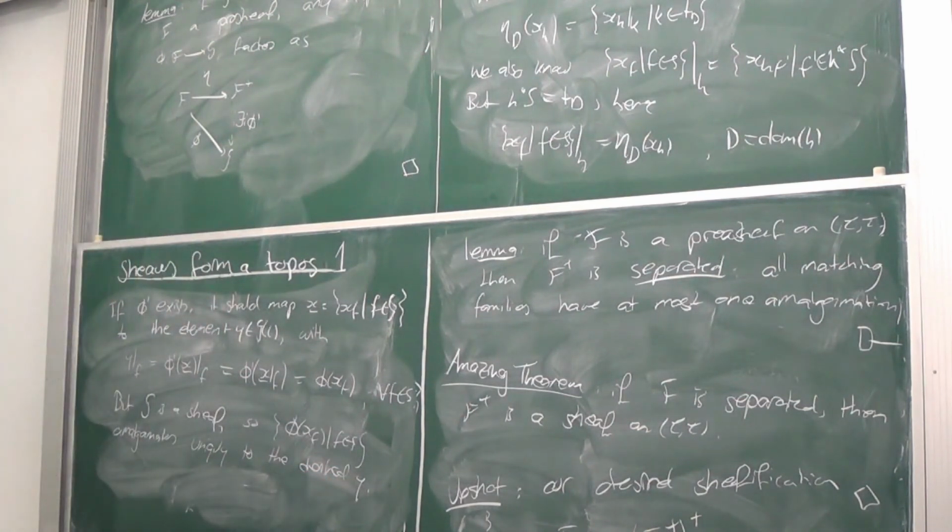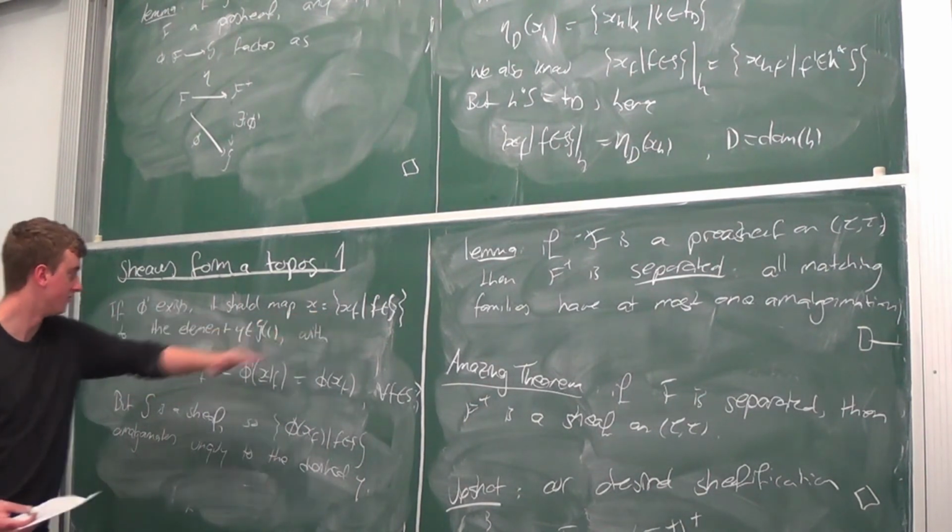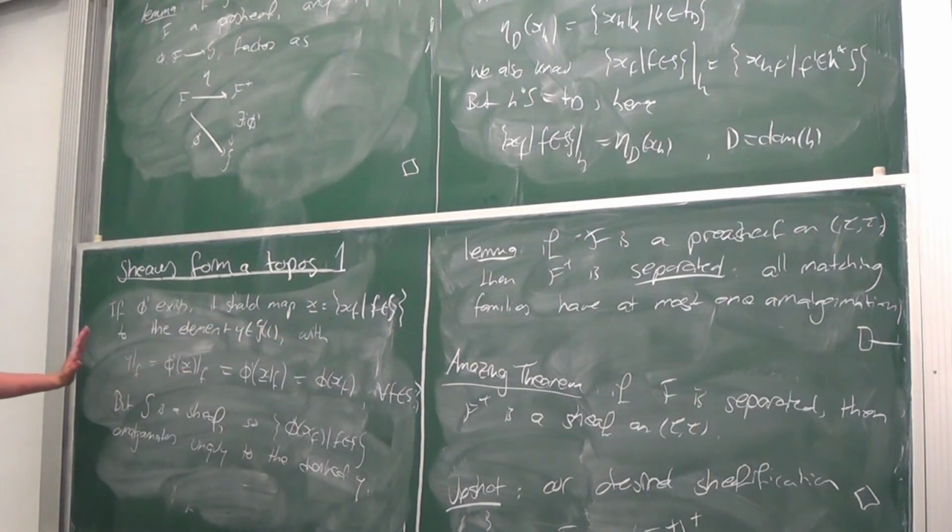So we're done. This phi prime exists. It maps the matching family to the y with this property, and we're done.